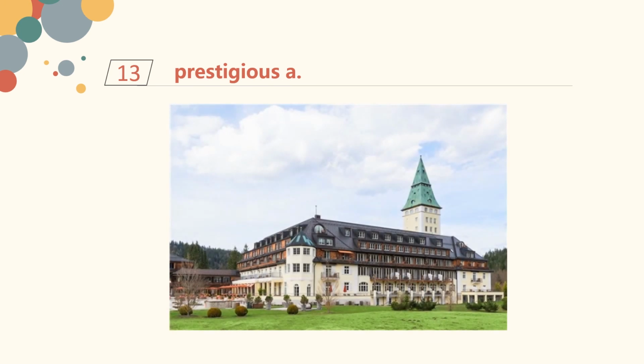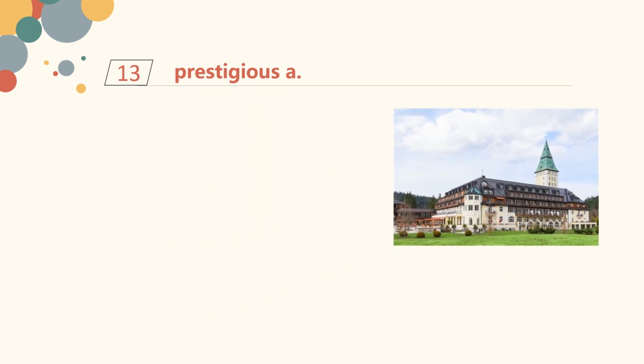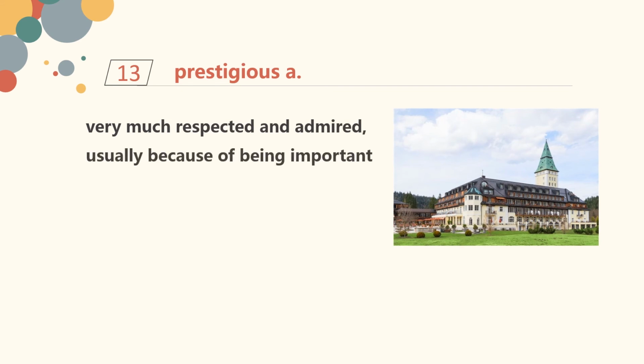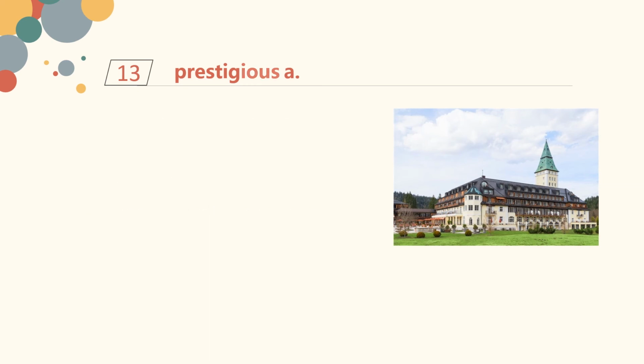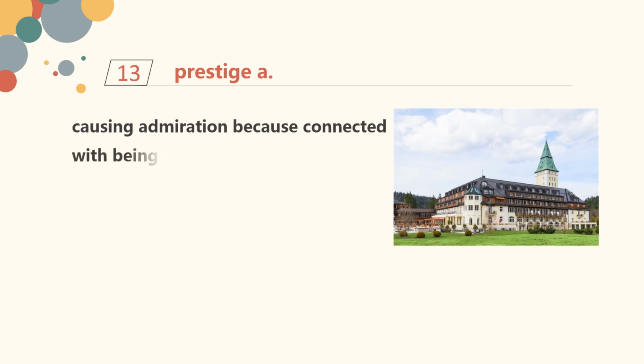Number 13. Prestigious. Very much respected and admired, usually because of being important. For example, a prestigious literary award, a prestigious university. Prestige. Causing admiration because connected with being rich or powerful.